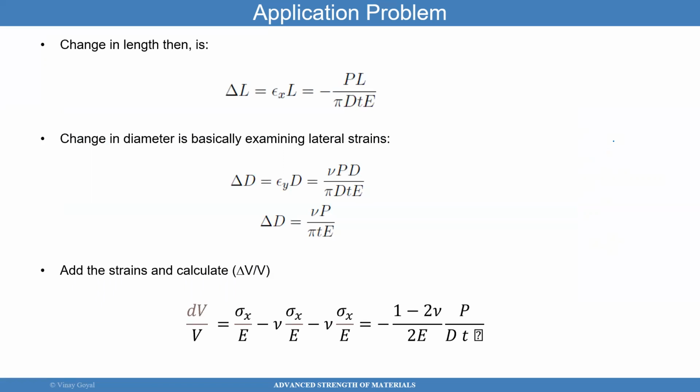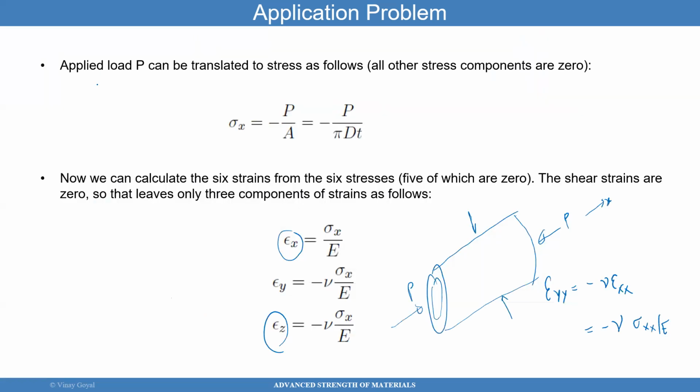So what is the change in length? We already discussed it. Epsilon xx equals change in length divided by L of that cylinder. I know the original length of that cylinder is L. I know epsilon xx because I already calculated that just a second ago. So then I can calculate the change in length. Change in length is equal to epsilon xx times L. But I know that epsilon xx is also sigma xx divided by E, and I know what sigma xx is from here.